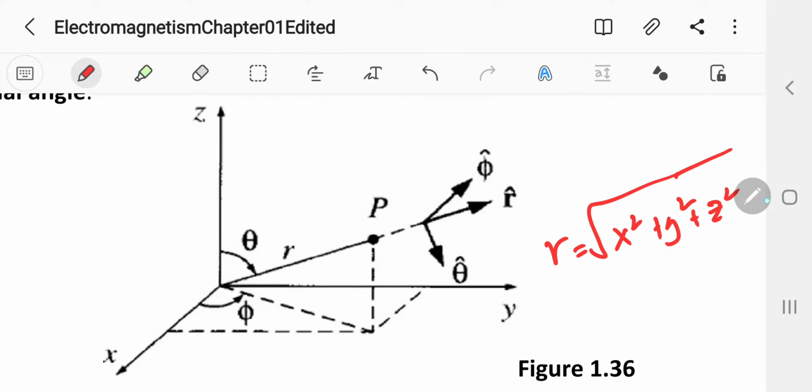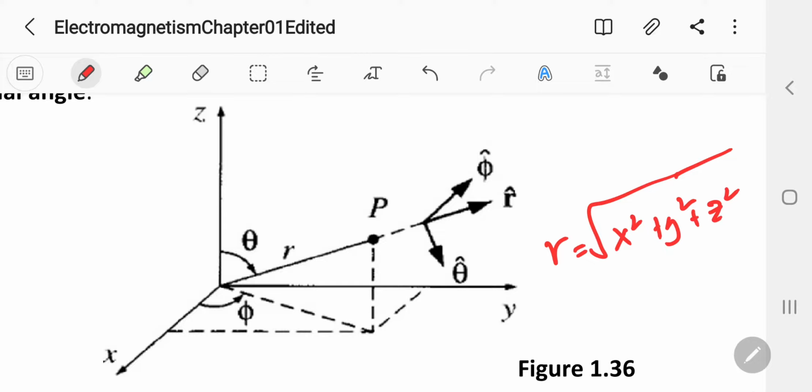And also your theta, or your phi, would be some tangent also.